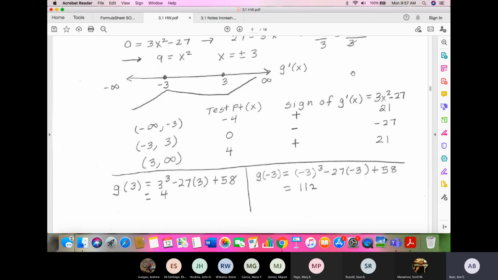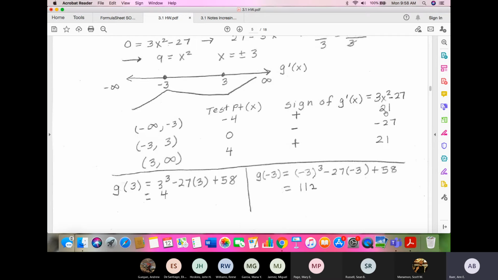If I were to put 0 in here, 0 squared is 0, times 3 is 0, and we get just -27 right here. If I put in 4, well, -4 squared and 4 squared are both going to give us 16, so this answer actually turns out to be the same.